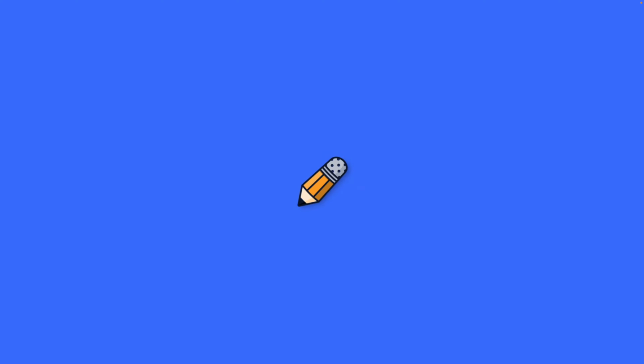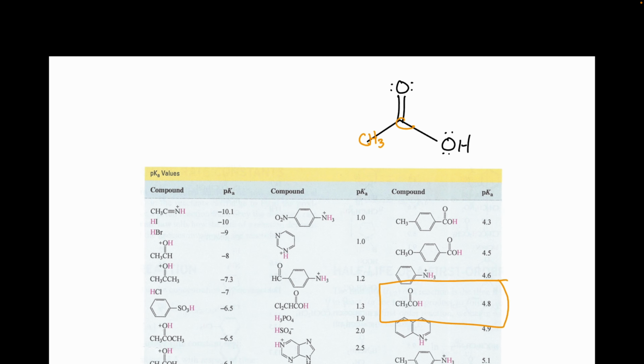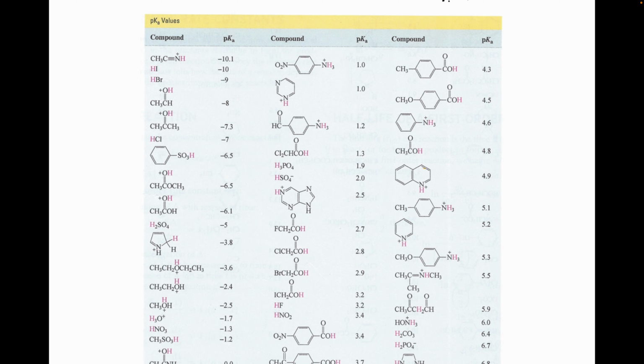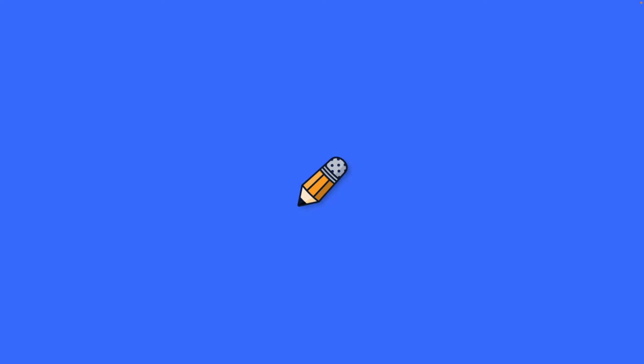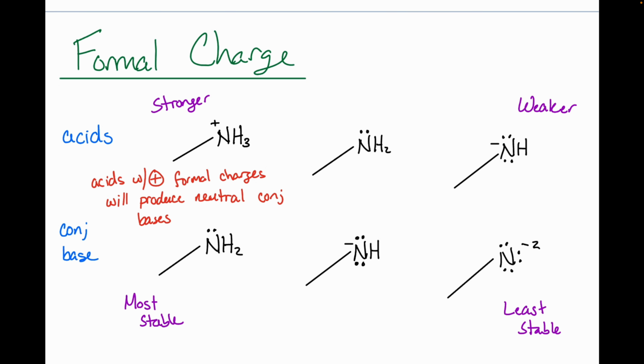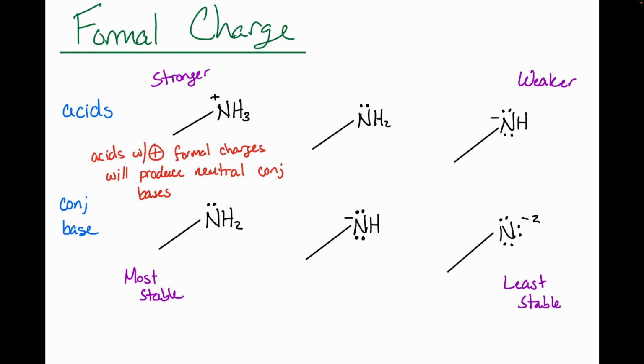All right, if we go to our pKa chart, indeed, if you look at that list of the strongest acids, you will see a lot of them have these positive charges, right? Again, because that means that their conjugate bases will be neutral. Okay, so formal charge, super important.